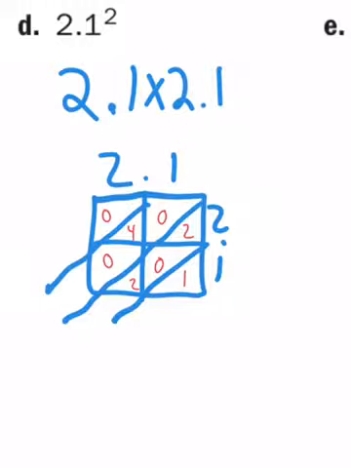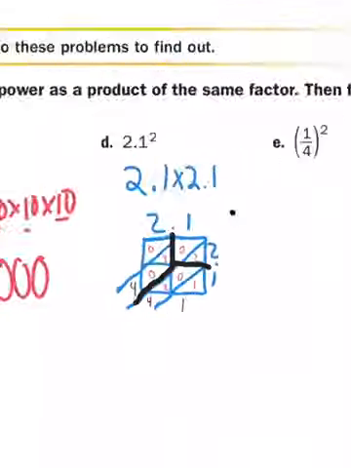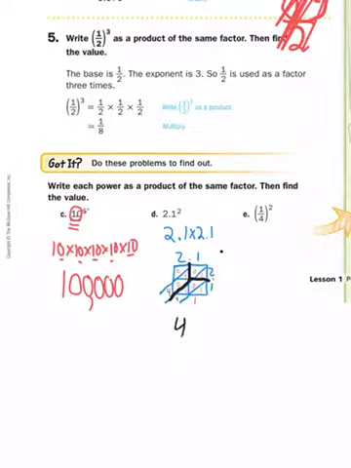Let me add those up. 1, 4, 4. And let me figure out where my decimal goes. So my answer is going to be 4.41. And this is where I write it as a product of the same factor.